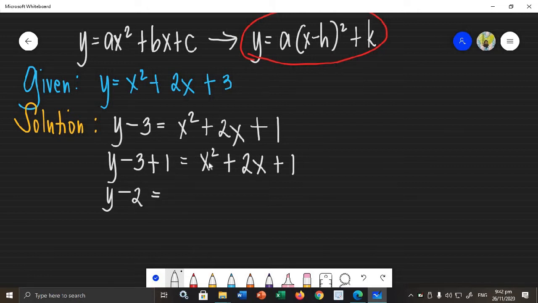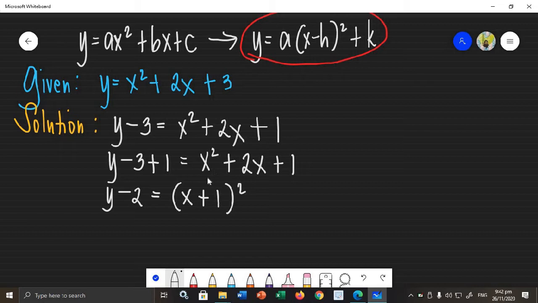And then, the trinomial, we need to factor it. If you remember from grade 8, factoring a perfect square trinomial: you take the square root of the quadratic term, which is x. Take the square root of the constant term, which is 1. Then take the sign of the middle term, or the linear term, which is positive. And then you just square it. So that is how you factor this.